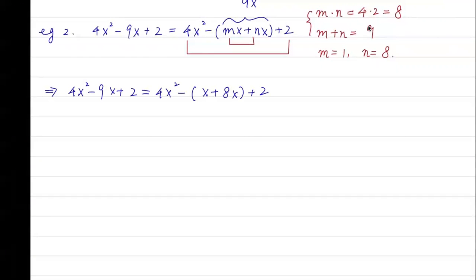Since we need to group two terms together, we need to take off these brackets.